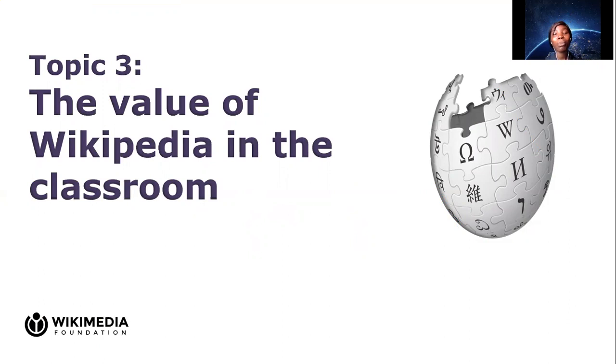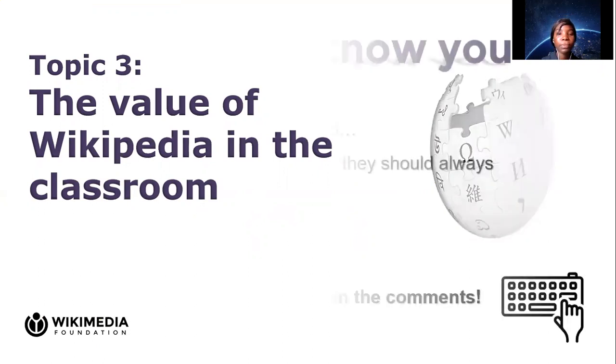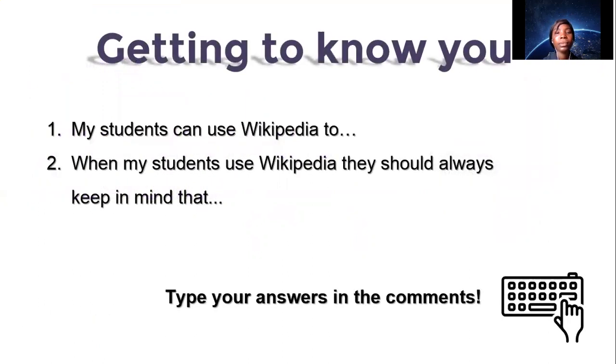Now let's move to topic 3. It talks about the value of Wikipedia in the classroom. Like my normal routine, I would like you to tell me what your students use Wikipedia for. When your students use Wikipedia, what should they always keep in mind?